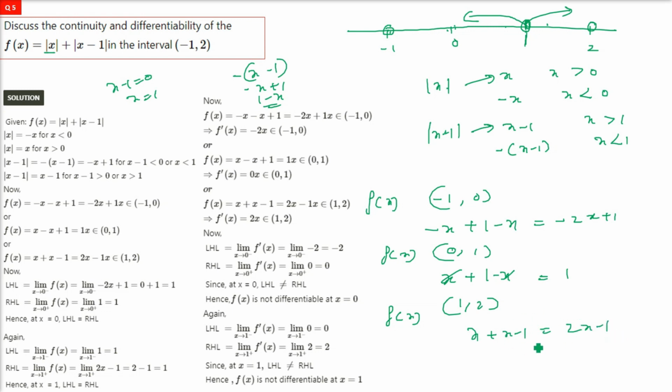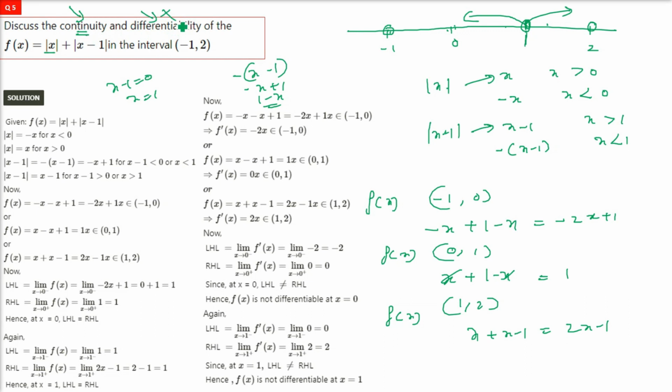Now these three we are going to use in the solution of this question. Because I am going to take you to the continuity first and then the differentiability. If it is continuous, it may be differentiable, it may not be differentiable. But if it is differentiable, it should definitely be continuous. Right? So there is no point in checking the differentiability if you have not checked the continuity.